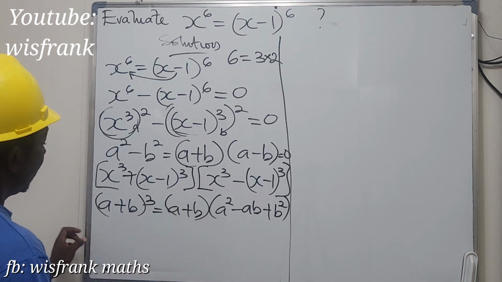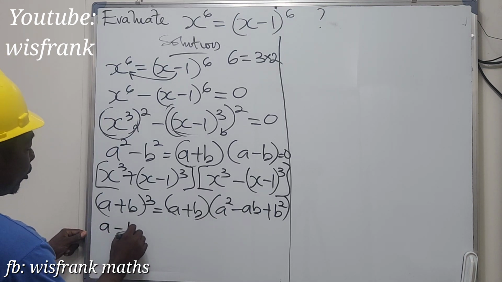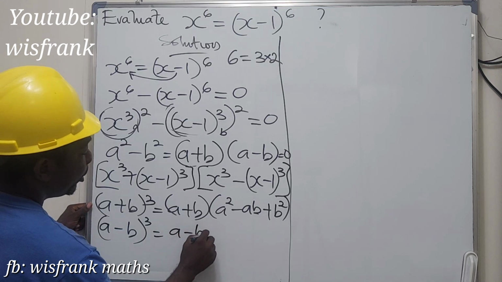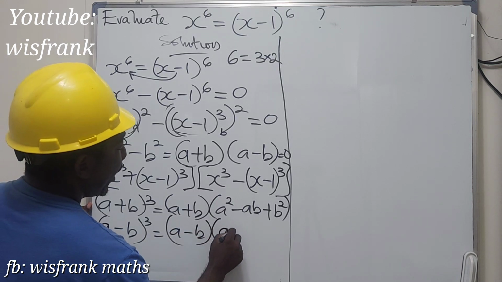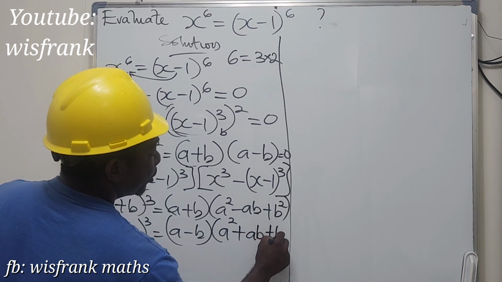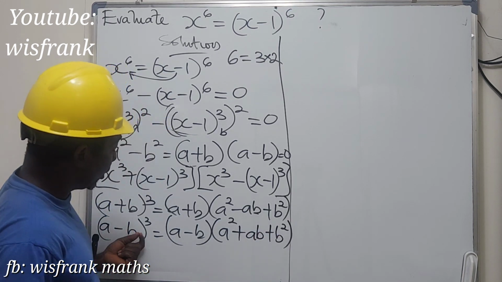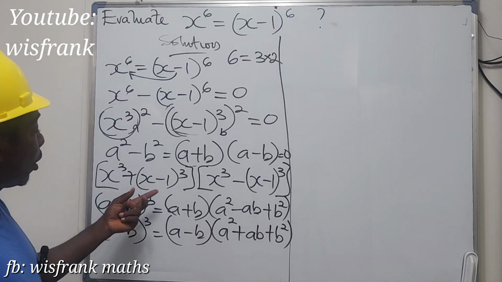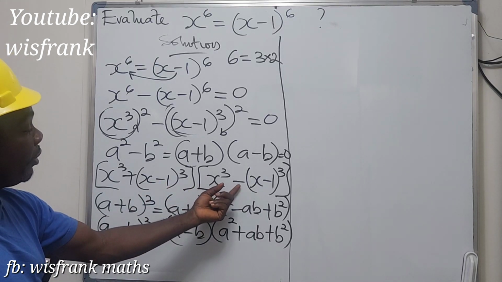Then we also have a minus b all to the power of 3 is the same thing as a minus b into a squared plus ab plus b squared. So this is what we have when we have the power of 3 of this value.